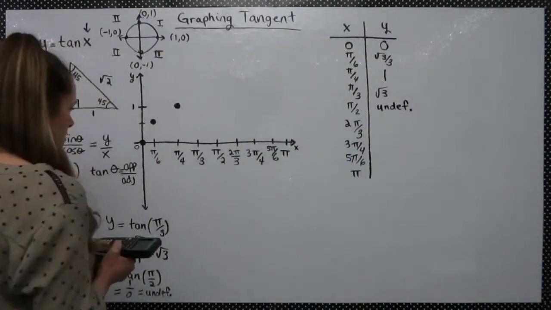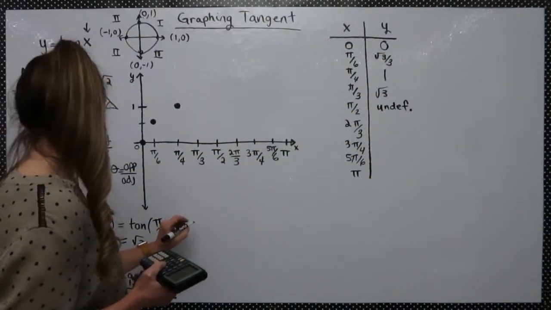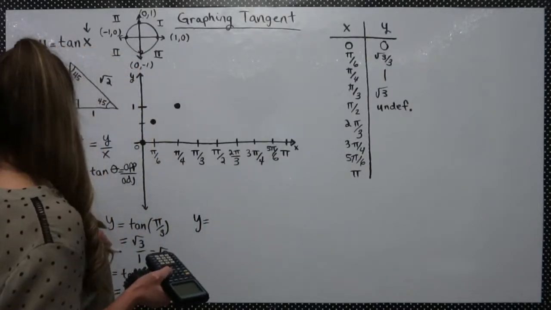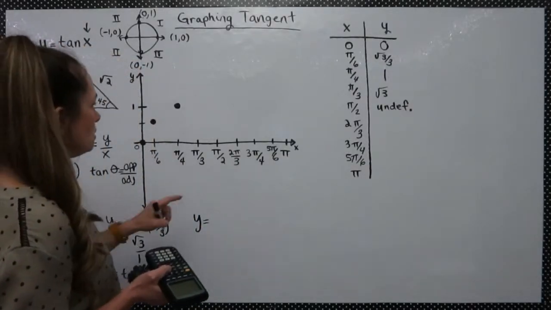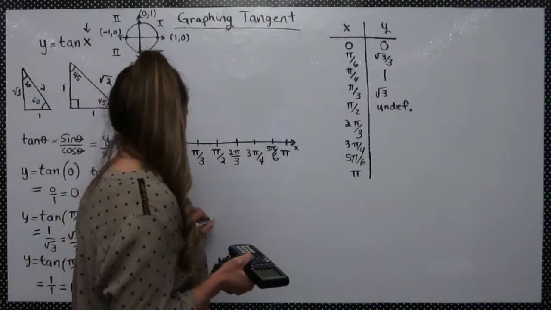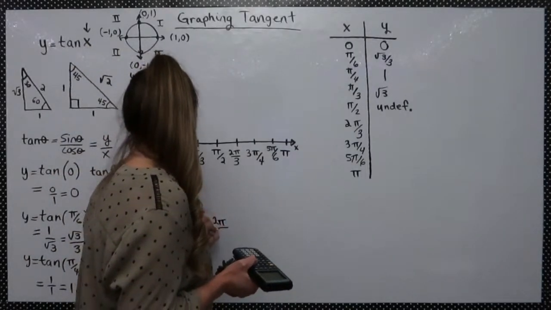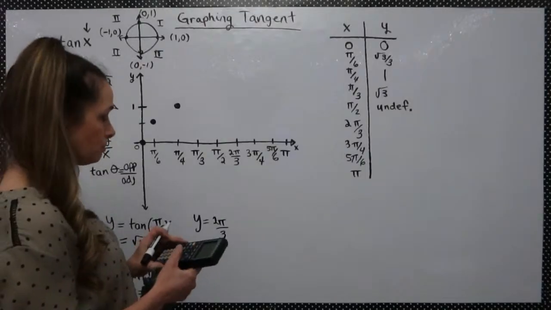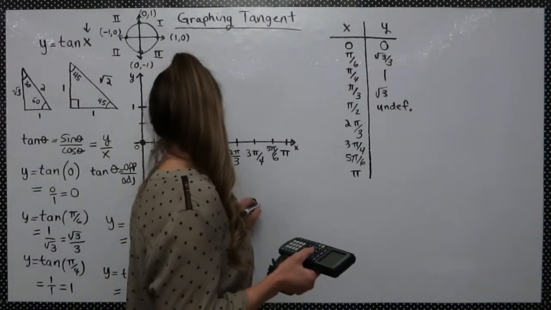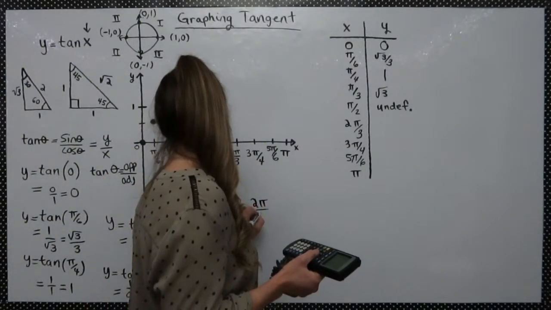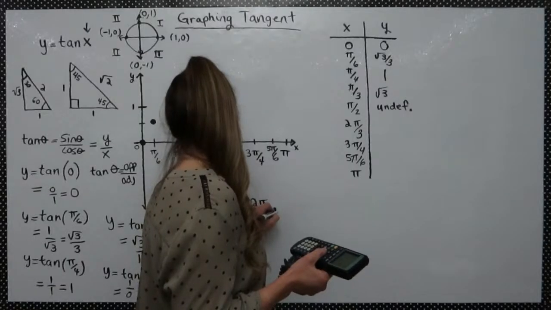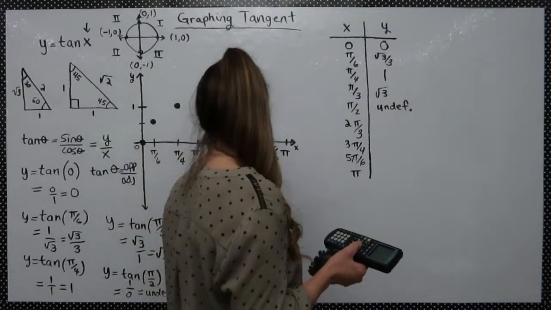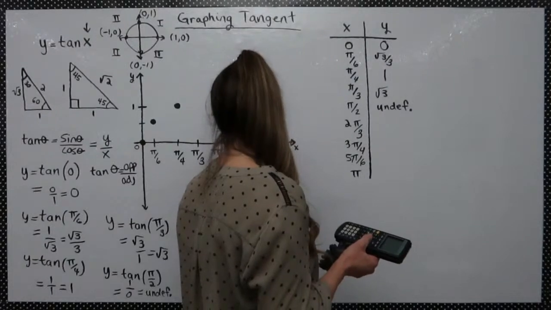And then I'll just put them in here. It's fine. Tangent of 2 pi over 3. And if I did not remember what 2 pi over 3 was, I would use my radian conversion. Whatever you're going to, you put on top, so you put 180 over pi.